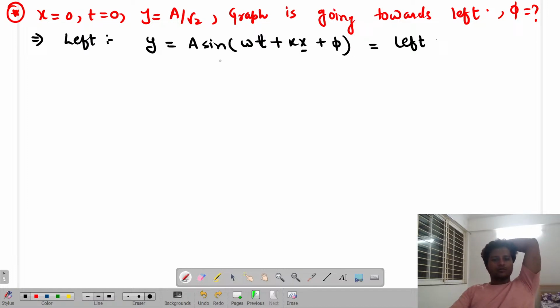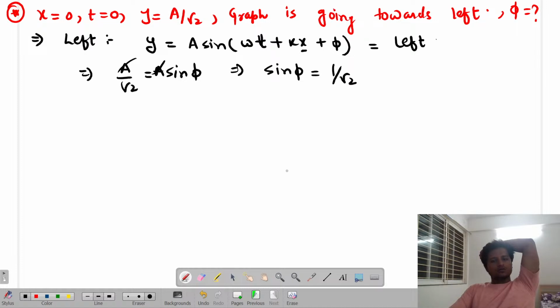Now once again, if you put x equal to 0, y equal to a by root 2 at t equal to 0, a cancels. That means once again sine phi is equal to 1 by root 2. Draw the sine graph then.